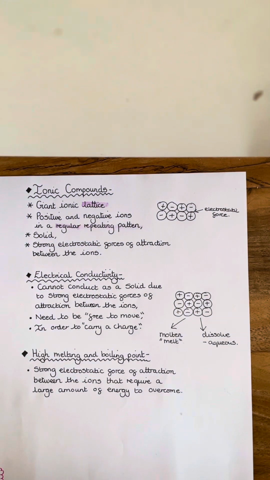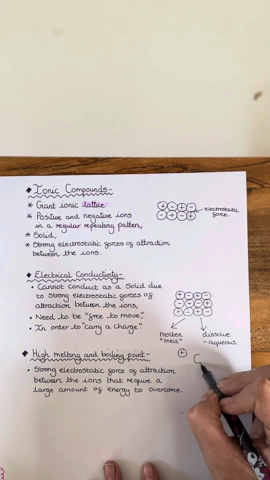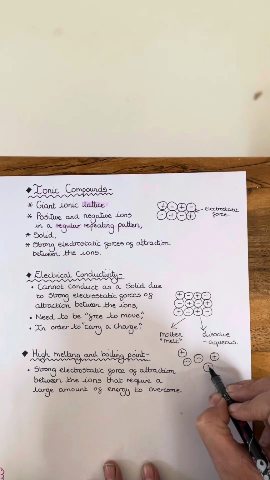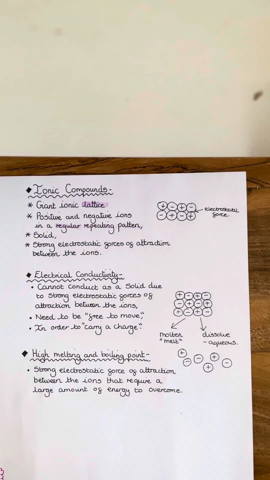Now, once you've done this to the ionic compound, the ions within the compound are then free to move. Obviously, they would be in a liquid structure, but this gives the idea, and it's the thing I told you to come back to, of the fact that they're now broken up and they're able to move.